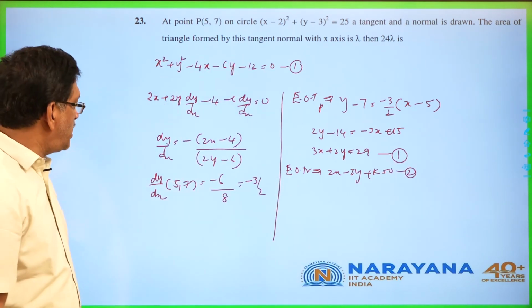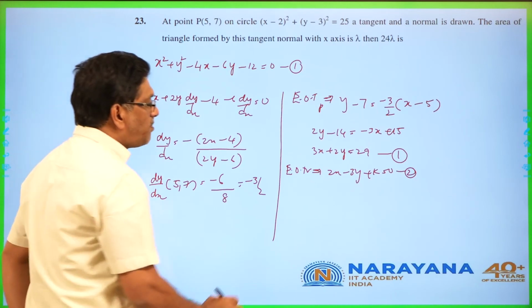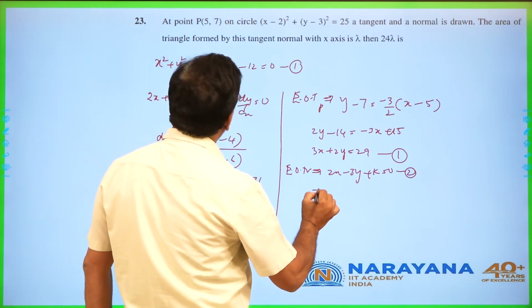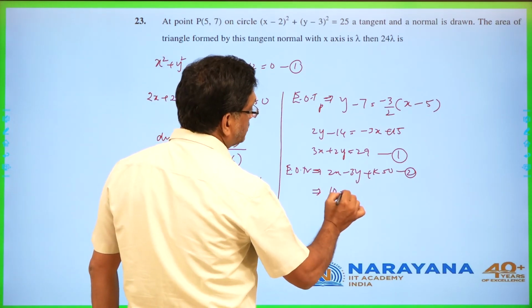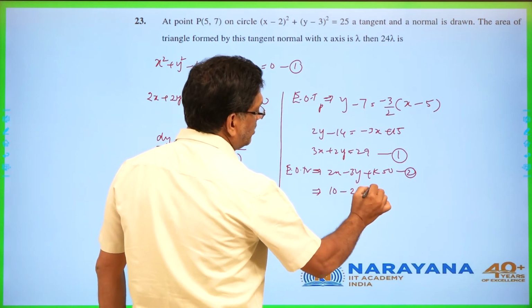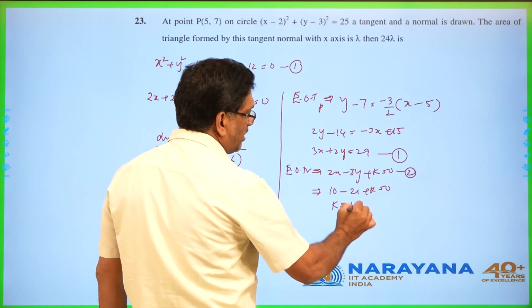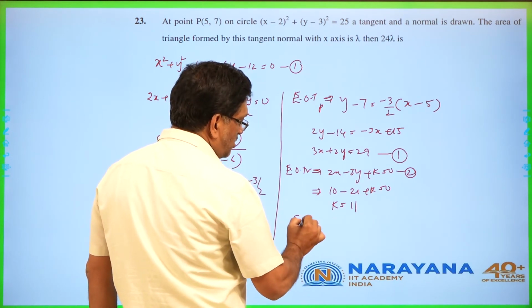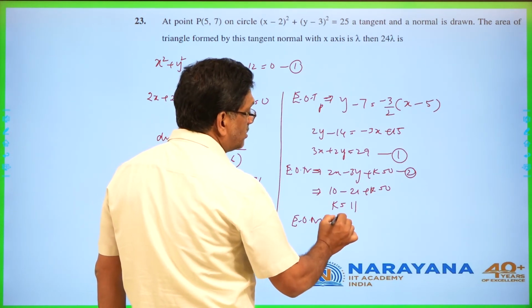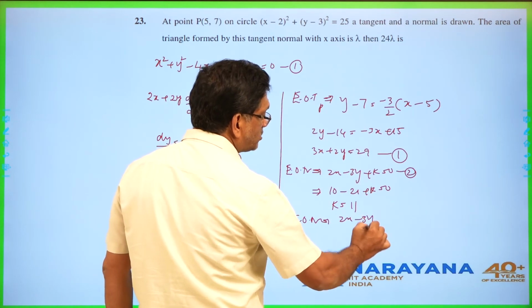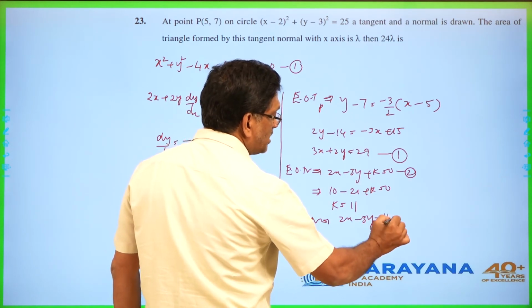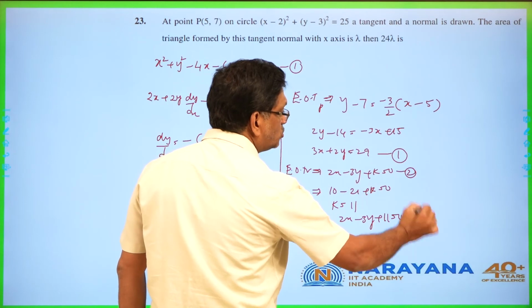To find k, it also passes through the point, so substituting, 2 into 5 is 10, minus 21 plus k equal to 0, so k is 11. The equation of the normal is 2x minus 3y plus 11 equal to 0.